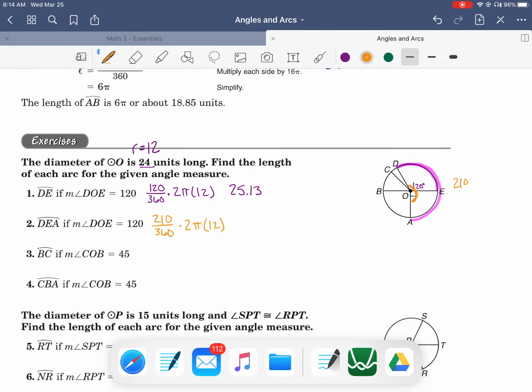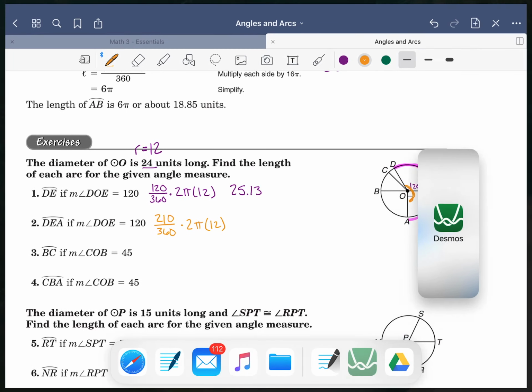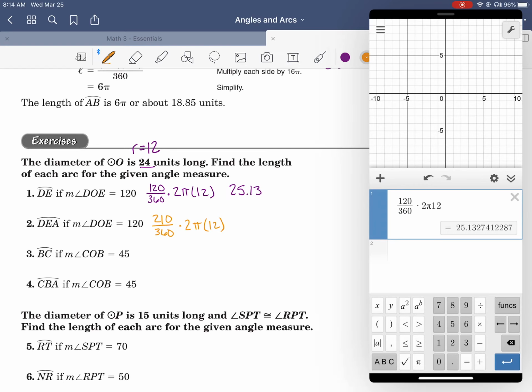It didn't tell us what to do, so let's just say we wanted to find an exact measure. We're going to type in everything but the pi symbol to find an exact value. So notice how I typed in everything but the pi symbol. When I typed in everything but the pi symbol, I got 14, and then I can bring along pi to get an exact value.